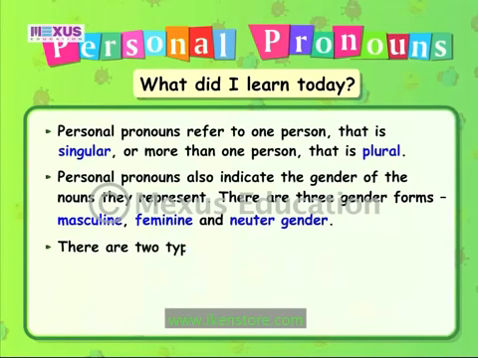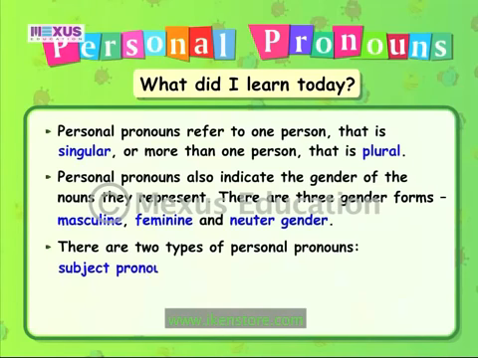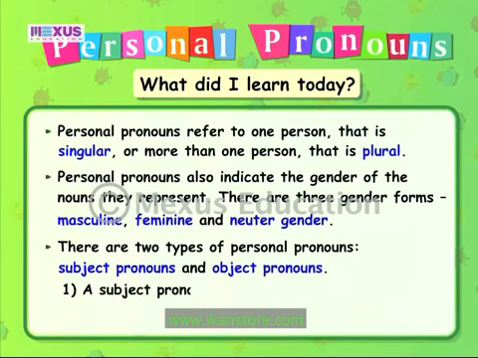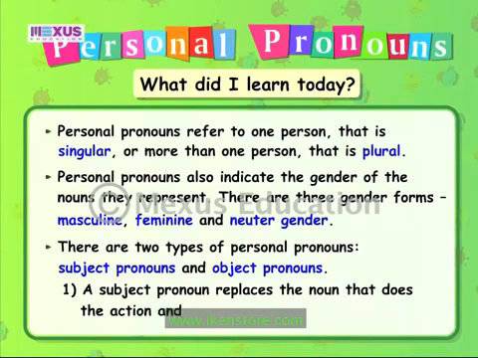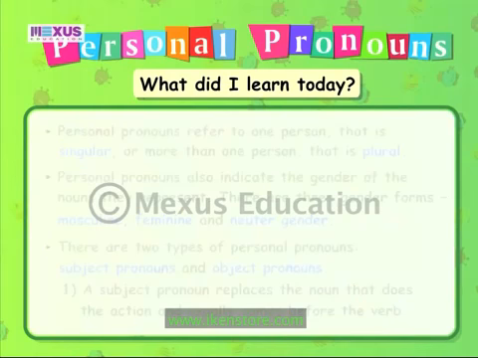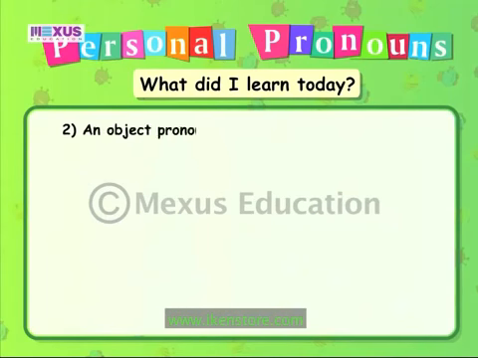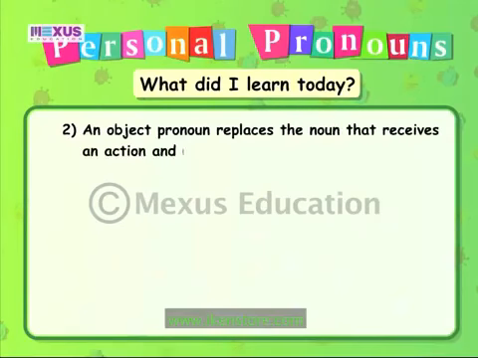There are two types of personal pronouns: subject pronouns and object pronouns. A subject pronoun replaces the noun that does the action and usually comes before the verb. An object pronoun replaces the noun that receives an action and usually comes after the verb.